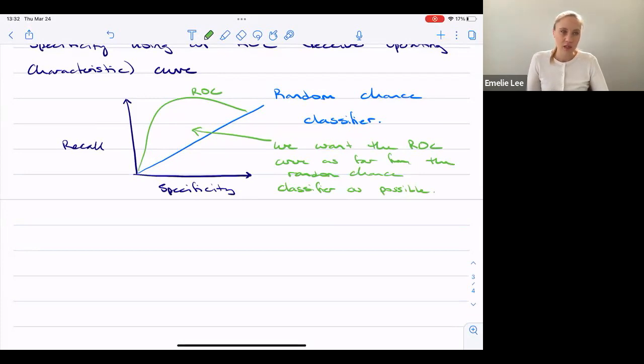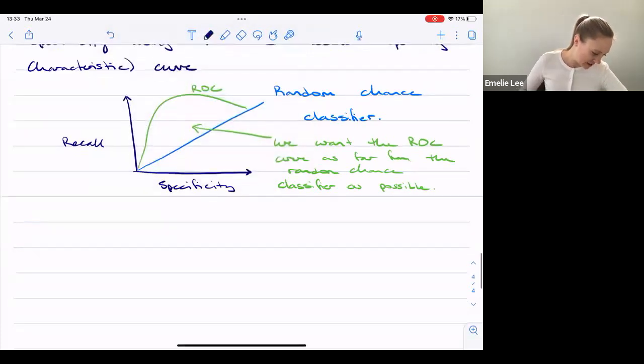Okay. So one way that we could really zero in on that is the area under the curve metric, the AUC. If you think about calculus again, there's always calculus in the background, but we don't have to use it, but it's good to know that it's there. The area under the curve is an integral, right? You'd have to integrate and subtract the random chance.